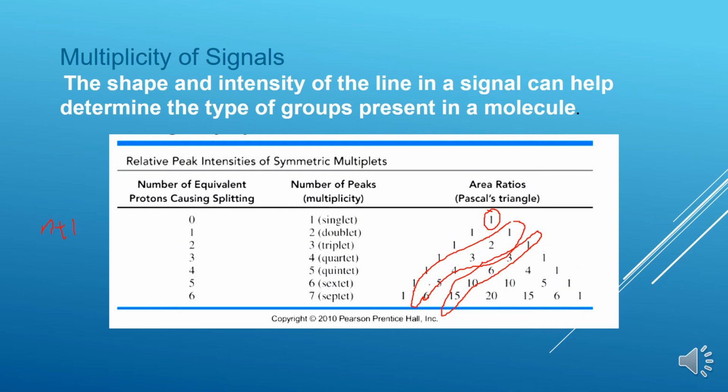So how do you calculate that? 6 is calculated based on the addition of the above two values.